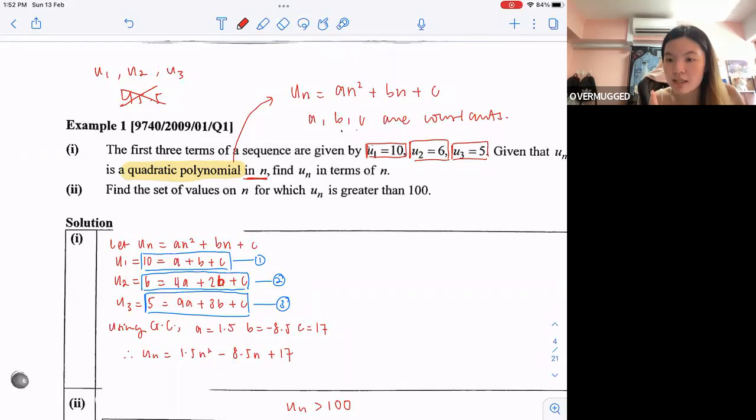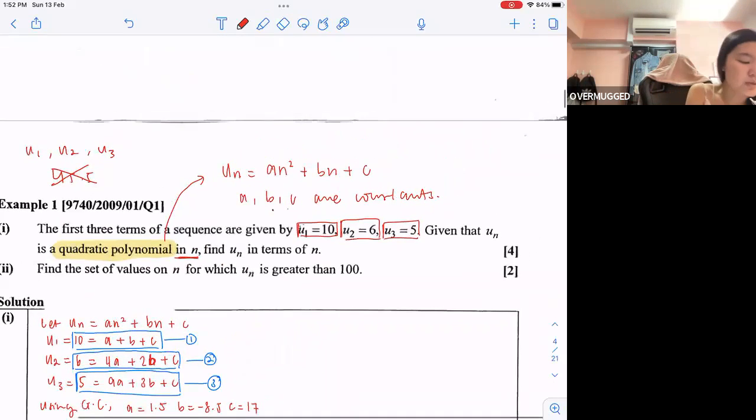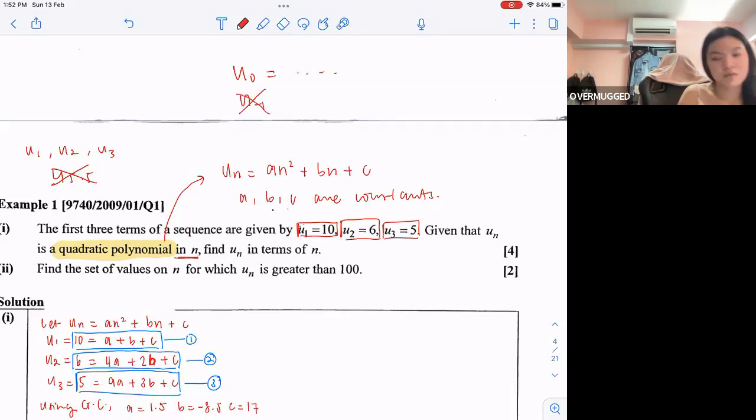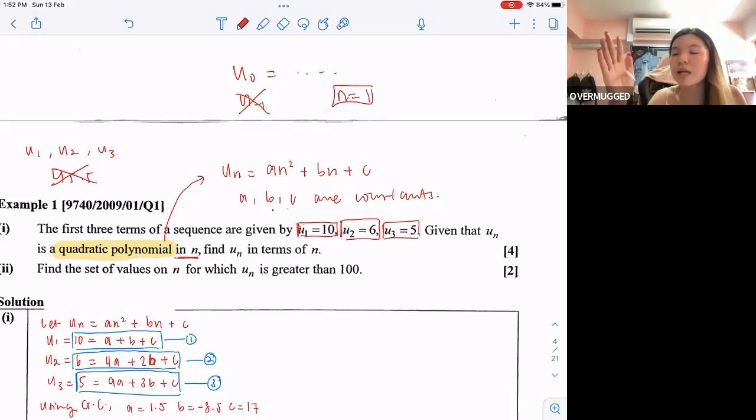Only if the question states that I have U0, for instance, then you can go and find whatever it is. Will there be a U-1? No. Because in the sequence, when we say n is 1, it really means that it's the very first term of the sequence. There shouldn't be anything before that. That's why n cannot be negative. Does that answer your question as well?